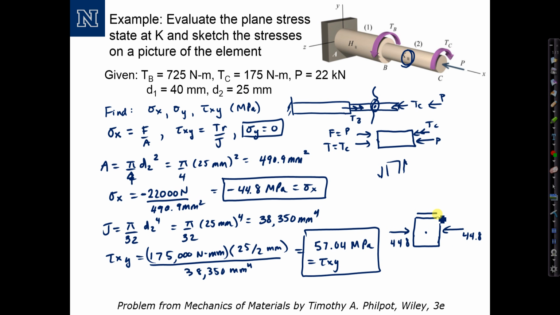Tau xy equal to 57 positive, so I draw the arrows in the positive direction on the positive face, negative direction on the negative face. 57.04. Okay, and that's it. Just let me clarify, units are megapascals. And that concludes this example.